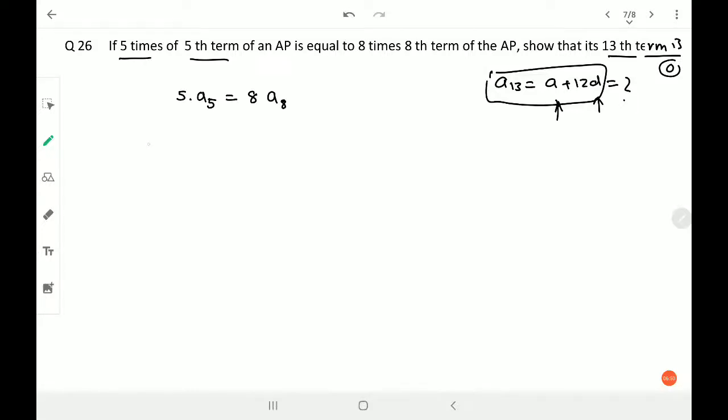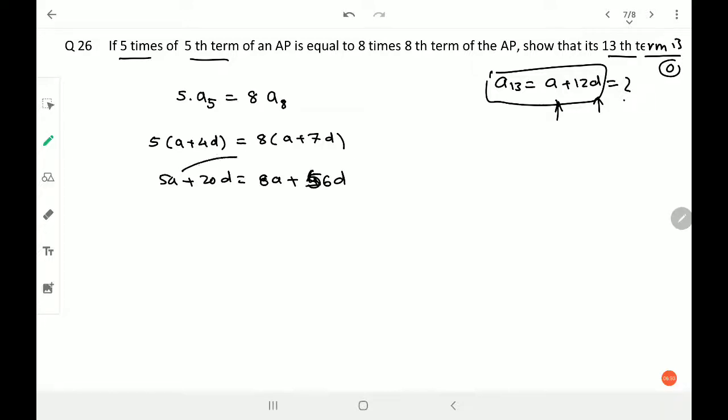So I have 5 times a5, meaning 5 into a plus 4d, is equal to 8 into a plus 7d. Multiplying by 5, 5a plus 20d, 8a plus 56d.